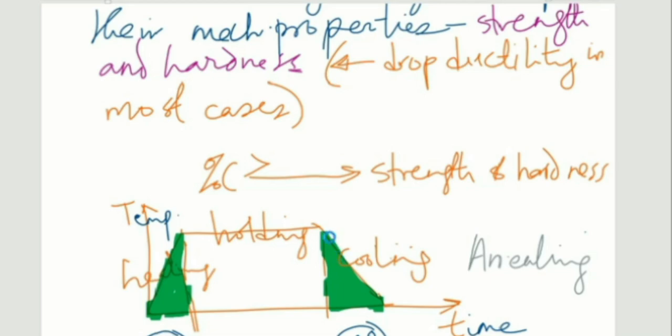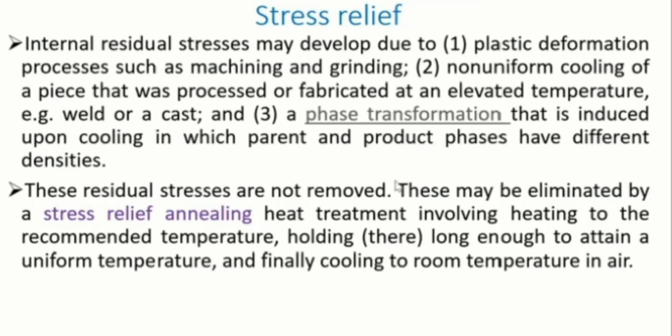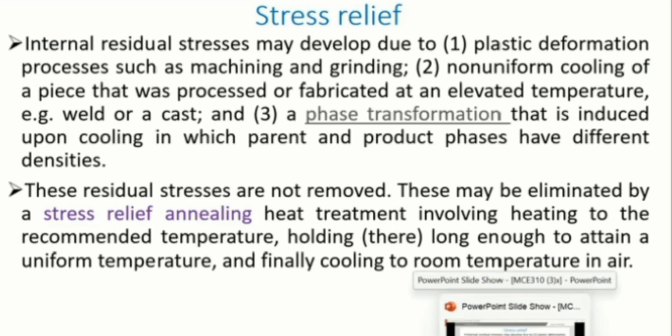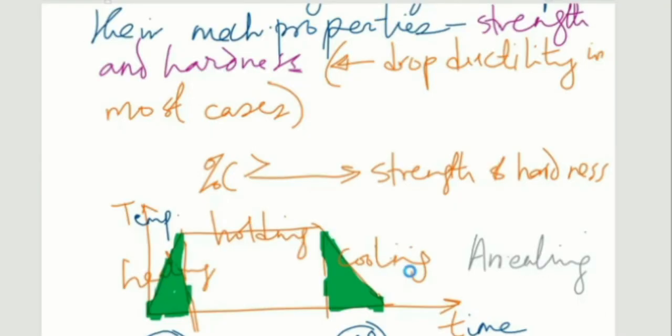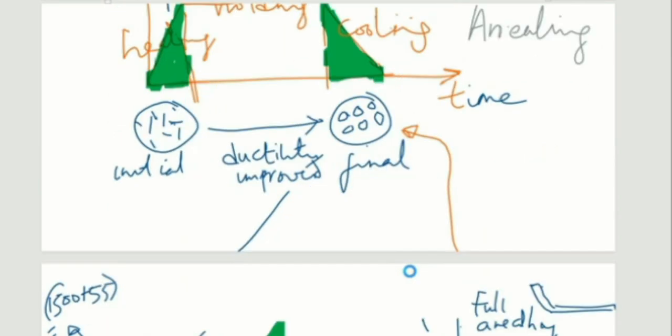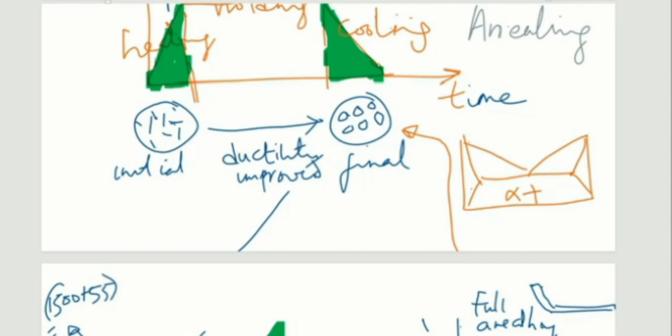So when this cooling is carried out very fast, and then there's a phase transformation that is induced upon cooling, in which parent and product phases have different densities. So we are going to see later. Okay, we have done this in 309, where you have alpha and beta, right? You have two materials. Are we together, class? Yes, sir. In 309, when you have two phases, here is alpha and beta.